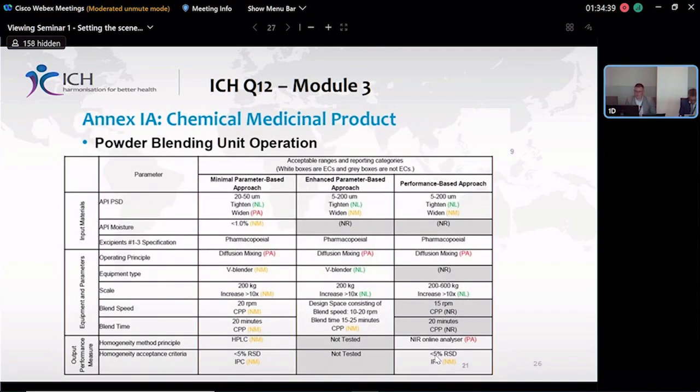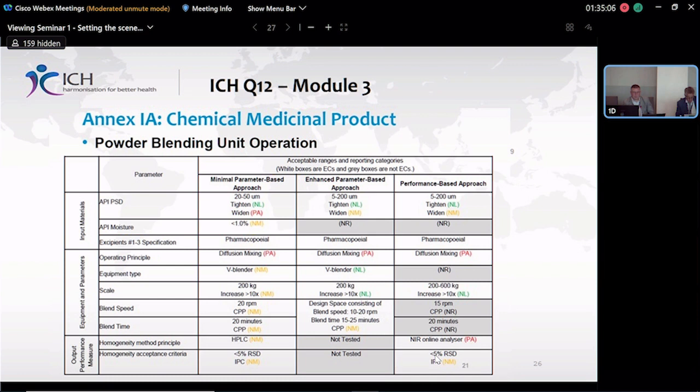So if we look at this slide, I want you to think now about a manufacturing process where you have an active substance and 3 excipients, and they're blending together. So what we're talking about here is an API, 3 excipients, we're putting them in the blender, and we want to get a homogeneous blend that can go to the next step of the manufacturing.